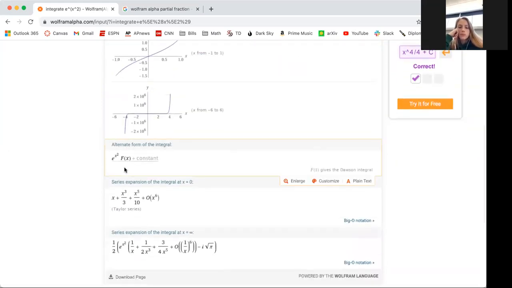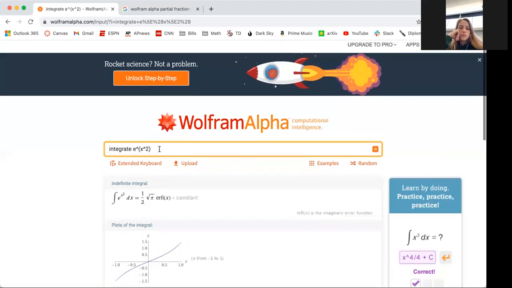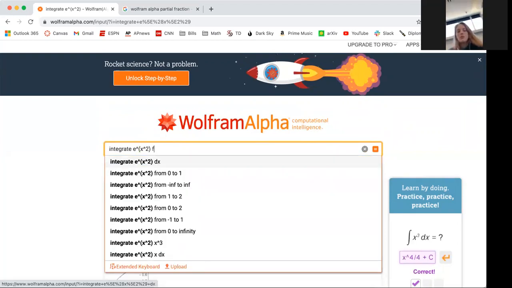There are other ways of representing this function than a nice single expression for the integral. Series is something we'll talk about. But what's really nice is maybe you don't care about the antiderivative, but you want to find a definite integral.